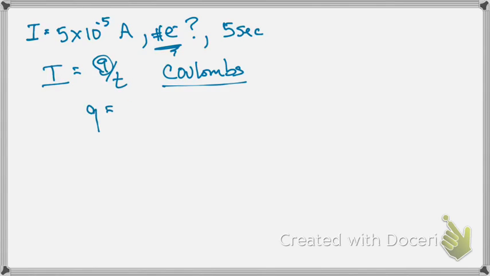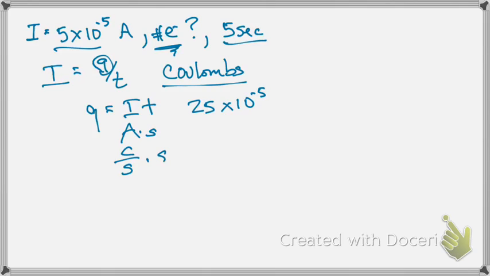So Q is equal to I times T, which is 5 times 10 to the negative 5th times 5, which is 25 times 10 to the negative 5th. An amp times a second is the same as a coulomb per second times a second. Seconds go away. So this is coulombs. That tells us how many coulombs, but that's not how many electrons.